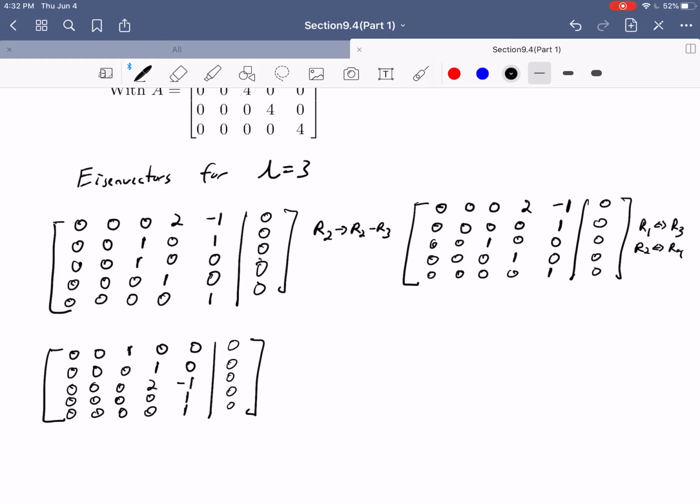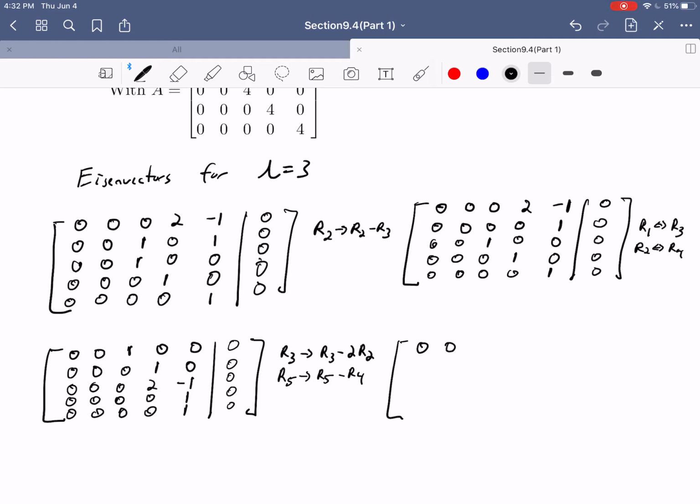Okay, things are looking a little bit better. Now we can take this guy and clear out this right here. We can also use this guy to clear out what's below there. So let's go ahead and do that. We take R3 and replace R3 with R3 minus 2R2, and we'll also take R5 and replace R5 with R5 minus R4.